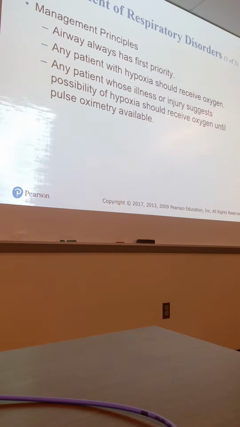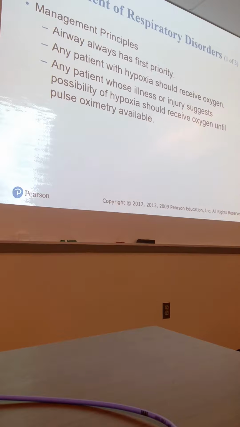There's no reason to make that mistake. You can't hyperventilate yourself into hypoxia. If you're hypoxic, there's something going on. If you all hyperventilate now, your sats are going to be approaching 100. They're not going to be approaching 80. So if their sats are down, there's something wrong, and you need to address that.